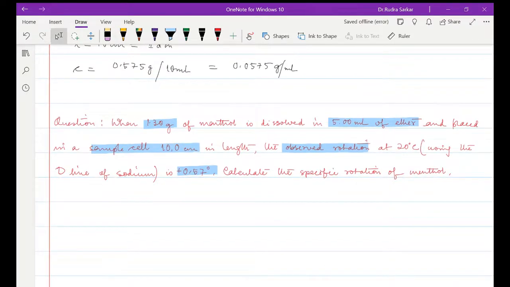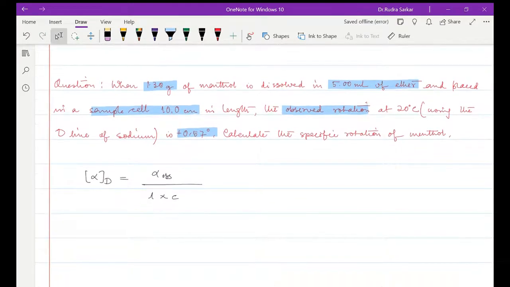Which is alpha D, alpha observed, divided by L into C. What is the length? 10 centimeter means 1 dm.